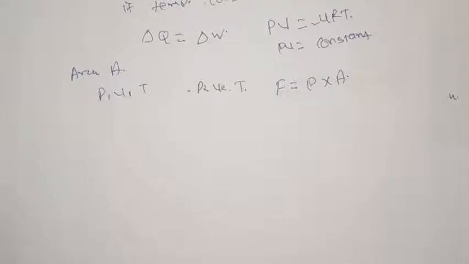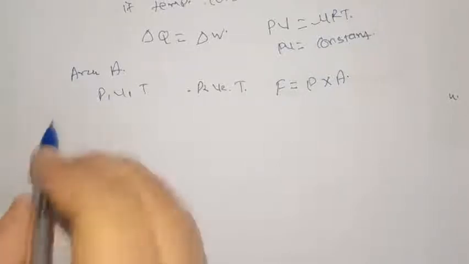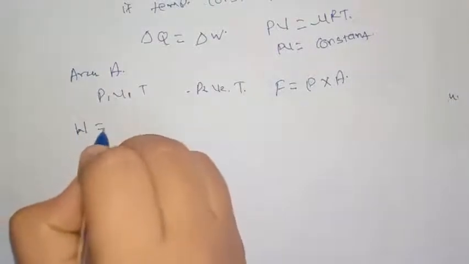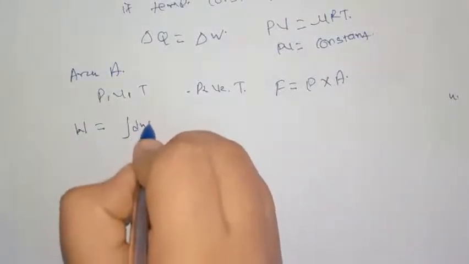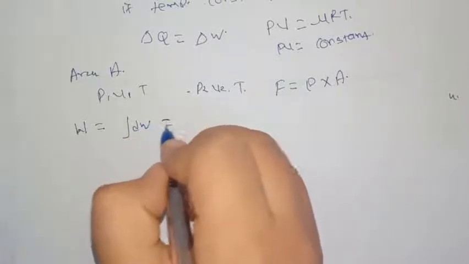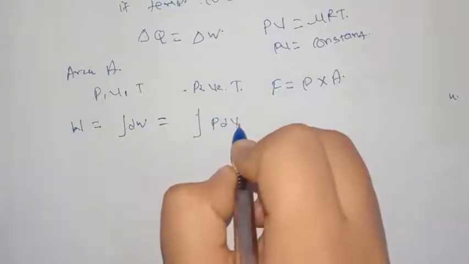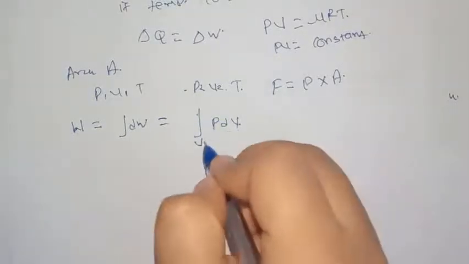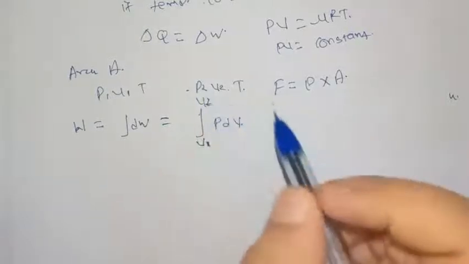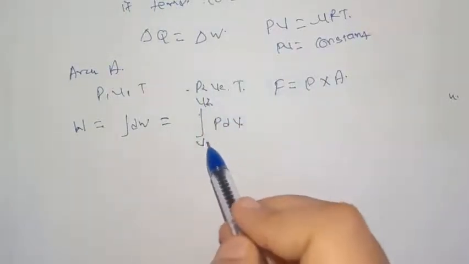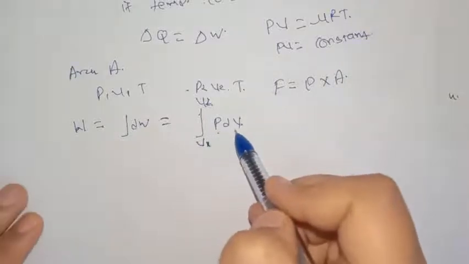If we assume that pressure of the gas during a small displacement dx of the piston remains constant, then for a small amount of work we can write dW is given by P dV, and W is the integration of P dV from V1 to V2. But here pressure is not constant, pressure is also a function of volume.